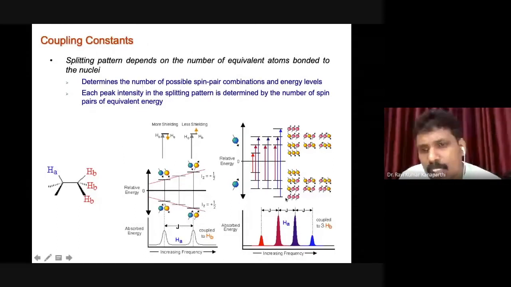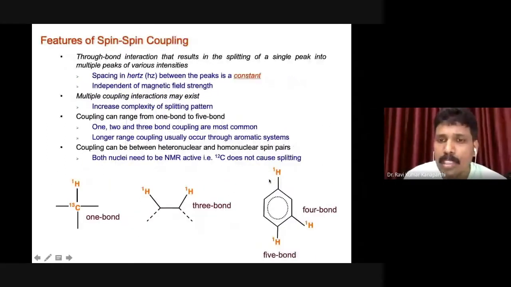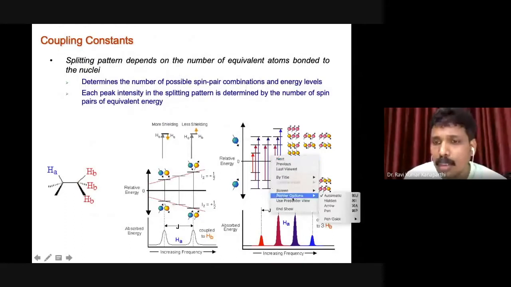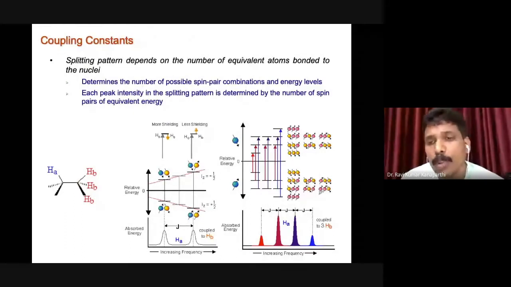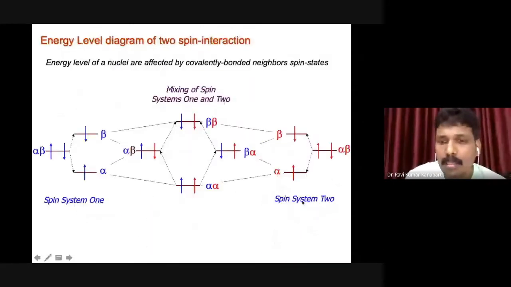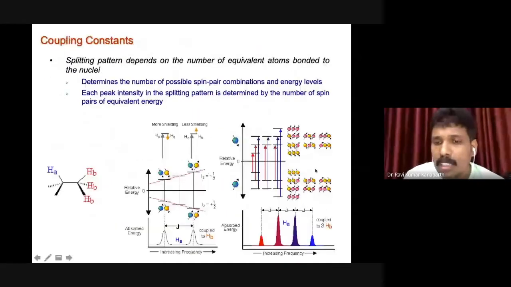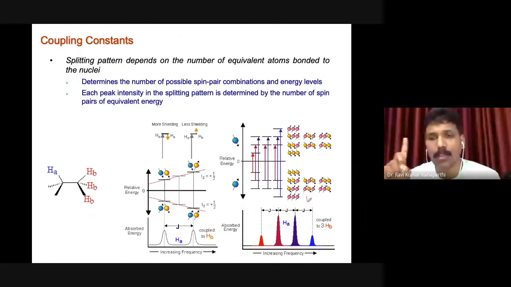You can just see it here, the case of a proton which is surrounded by three protons. How many possible arrangements are there? This is one. Here, alpha alpha alpha, only one possible.